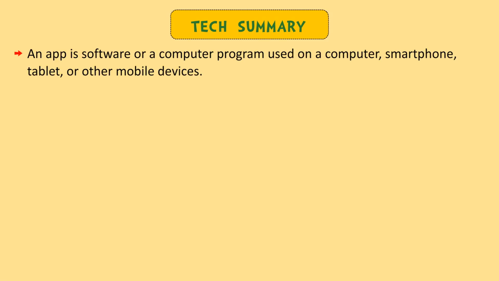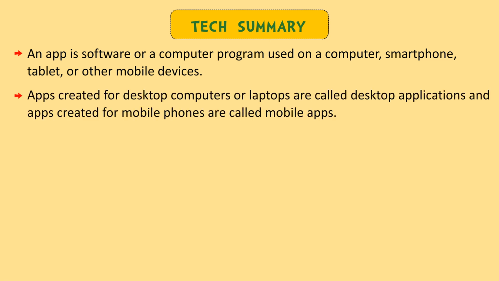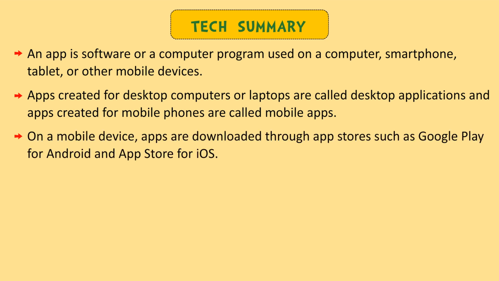Tech Summary. An app is software or a computer program used on a computer, smartphone, tablet, or other mobile devices. Apps created for desktop computers or laptops are called desktop applications and apps created for mobile phones are called mobile apps.